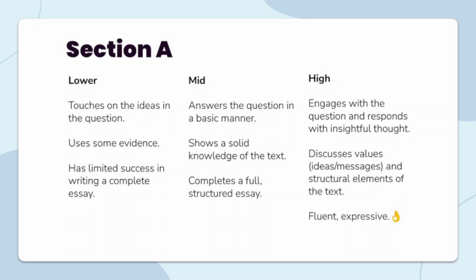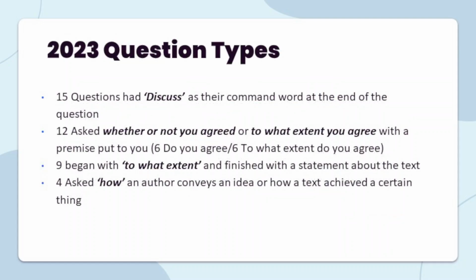Question types. So in 2023 for section A, 15 questions had discuss as the command word at the end of the question. 12 asked whether or not you agreed or to what extent you agreed with the premise that was put to you. And 9 began with to what extent and finished with a statement about the text. 4 asked how an author conveys an idea or how a text achieved a certain thing.